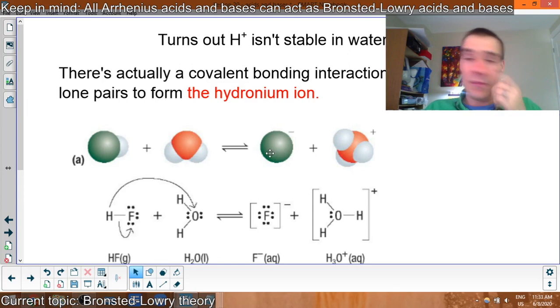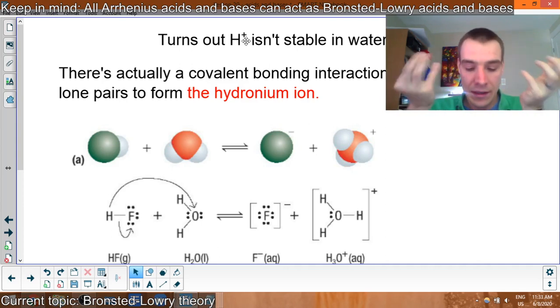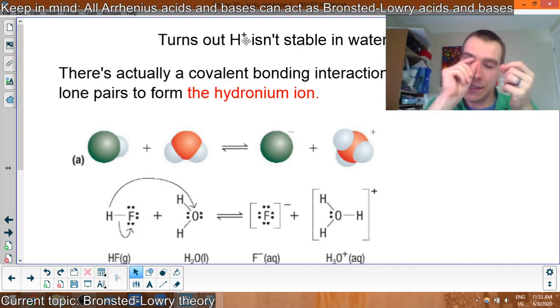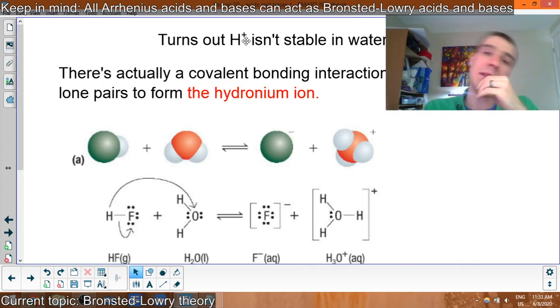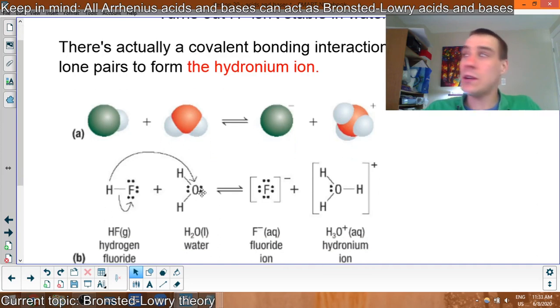So it turns out, and this is the weird new thing, turns out that H plus isn't actually stable. It's a single proton. So it's not actually stable in water because it's so positively charged and it's so small that it really wants electrons, right? Think about the electrical environment there. It's a single positive proton with nothing around it to shield its charge, so it's going to pull electrons very strongly. So what actually happens is that proton will interact with one of the lone pairs on water.